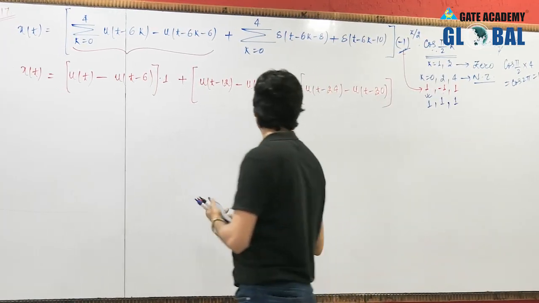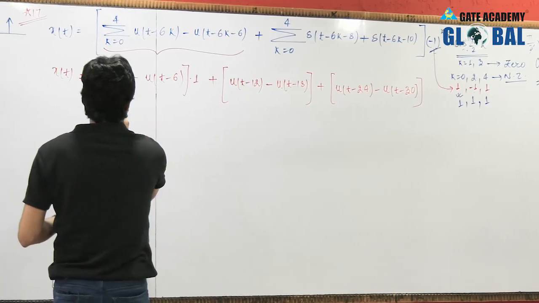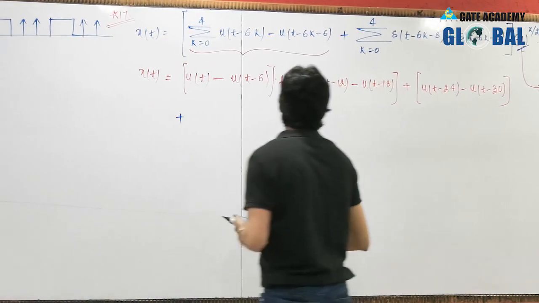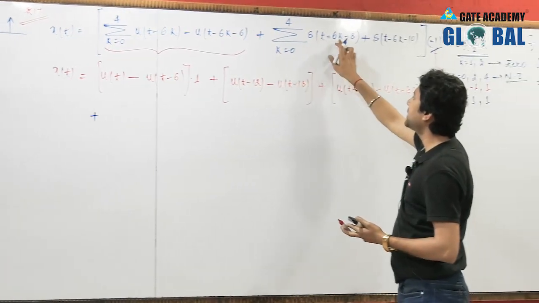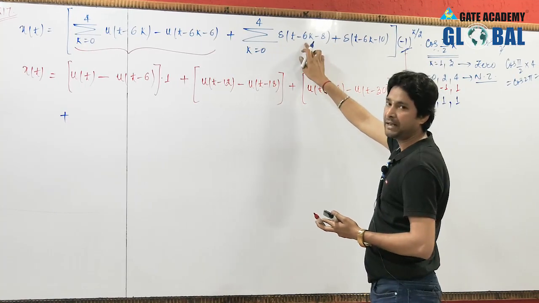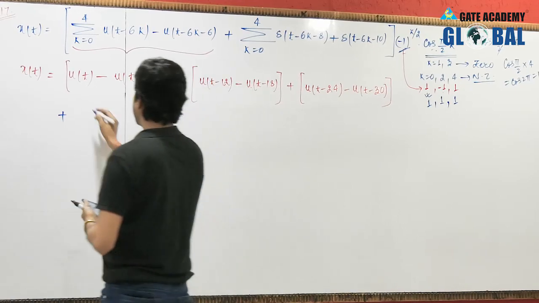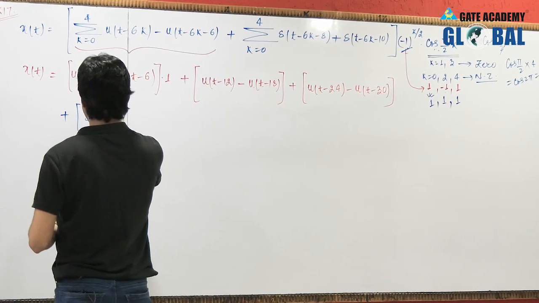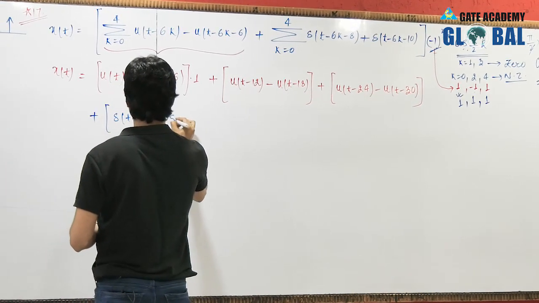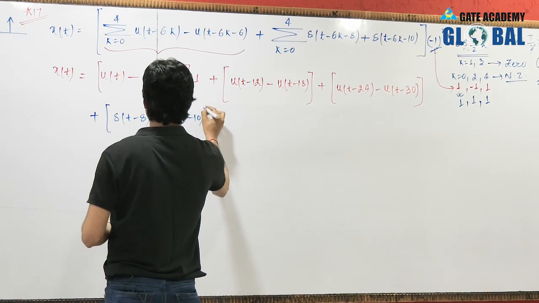If you substitute k equals 0, this term will be del of t minus 0 minus 8, that is del of t minus 8, and this term will become del of t minus 10. Therefore you have two impulses, del of t minus 8 plus del of t minus 10.